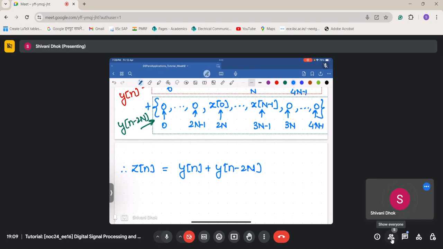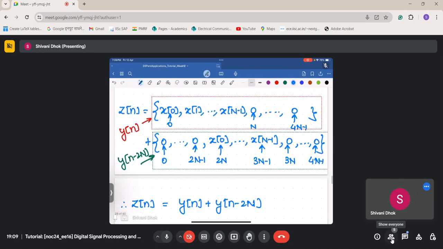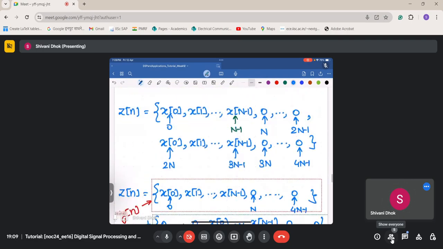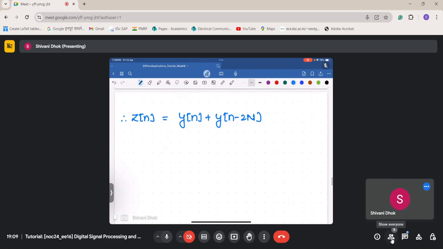Okay, so this is what we are having now. Now let us take the 4-point DFT. Then I'll have z of k is equal to y of k, plus I'll introduce the time shift property of this.